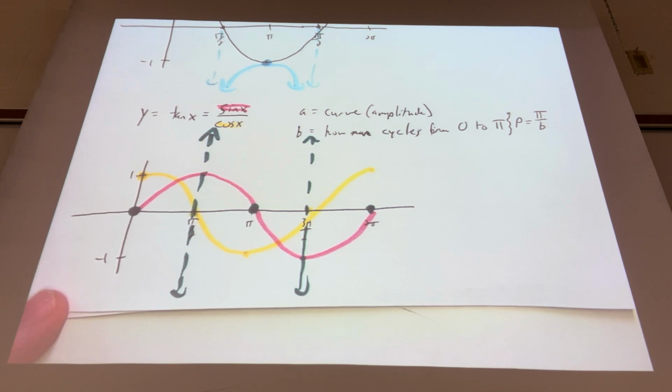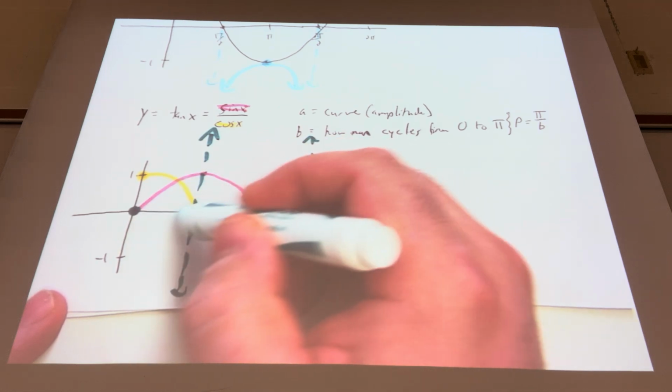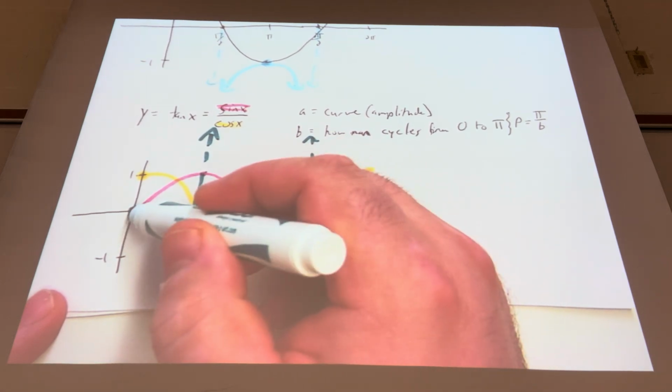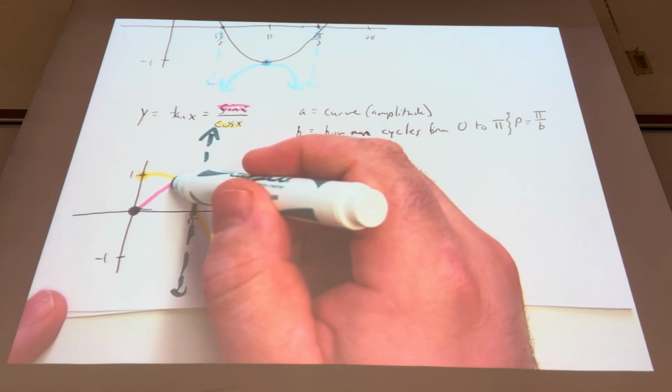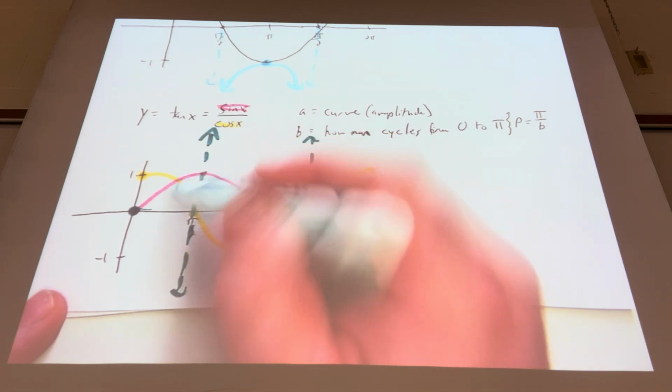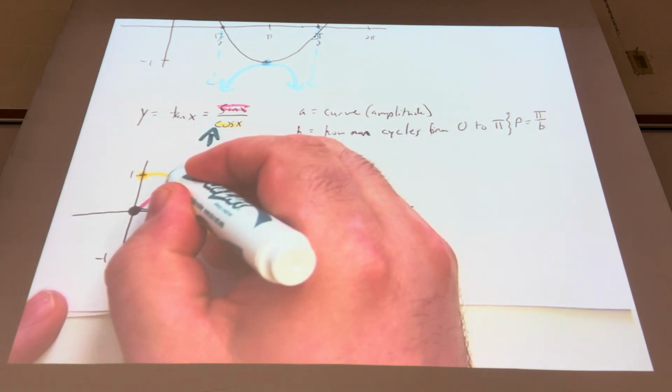Now, I want you to look right here, halfway in between 0 and pi halves. What do you notice happens here? We get an intersection, the same value. What's something divided by itself? 1.